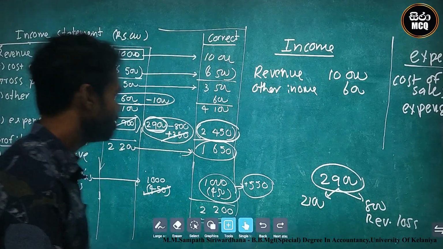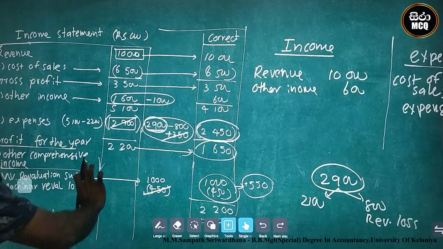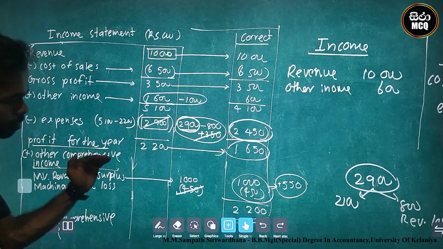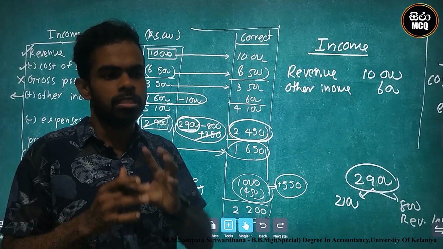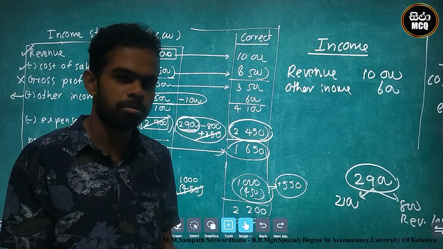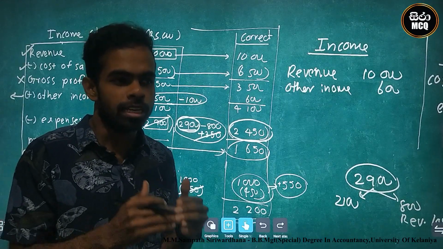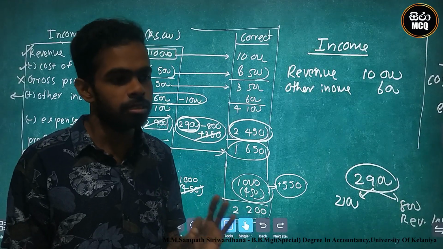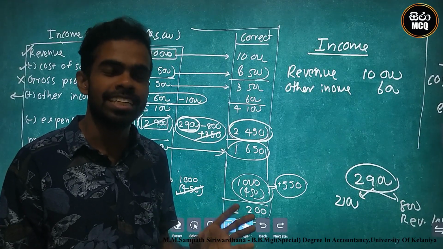After that, what is the total income identification? The motor vehicle revaluation surplus is 1,000. This 1,000 is an inflow to the business, so we can identify it as income. Why? Total other comprehensive income is income.